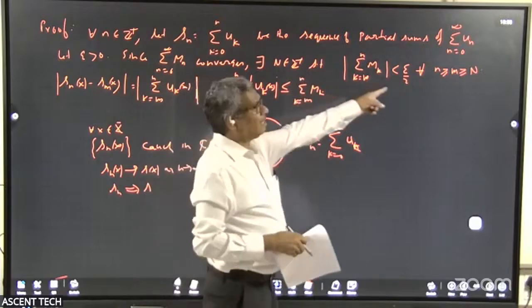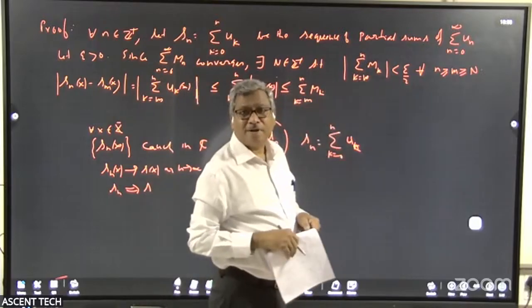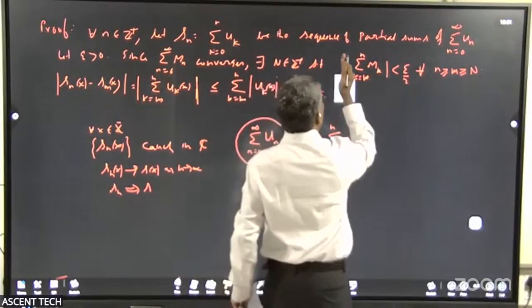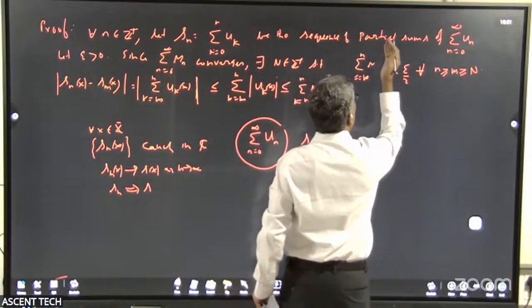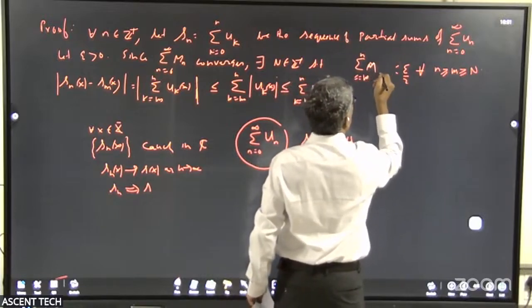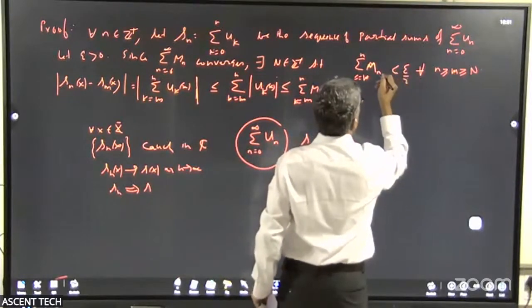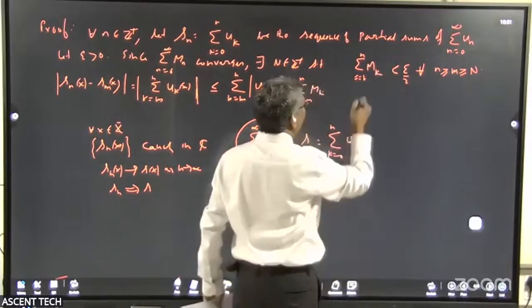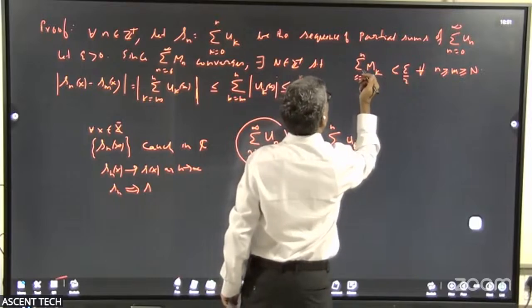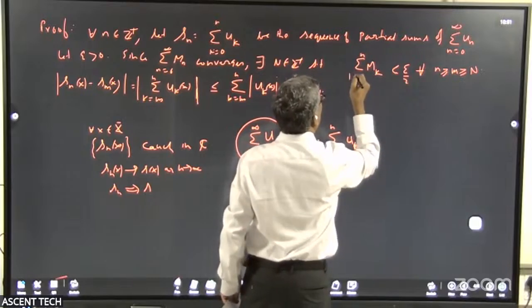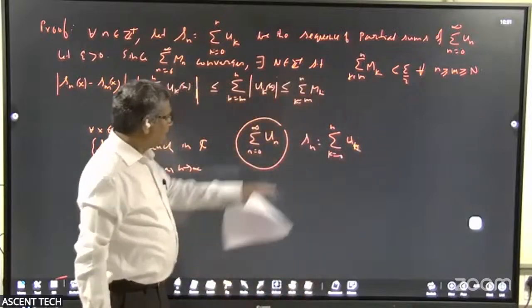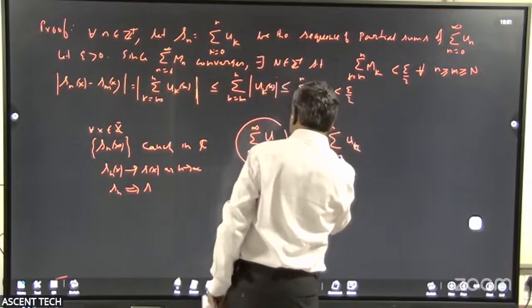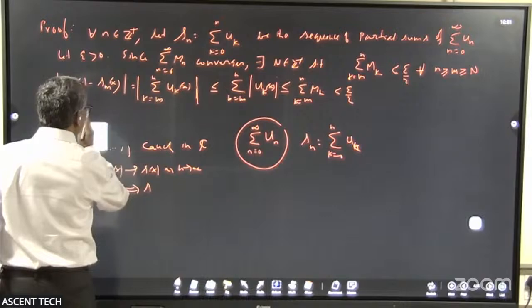These are series of real numbers, so there is no need of modulus there. This is less than epsilon by 2.